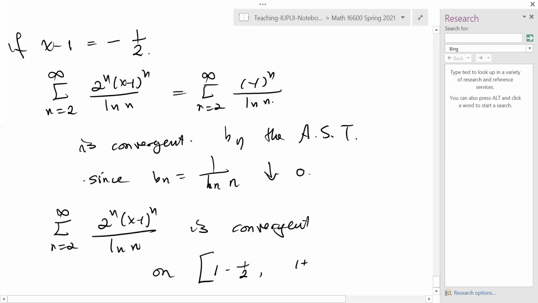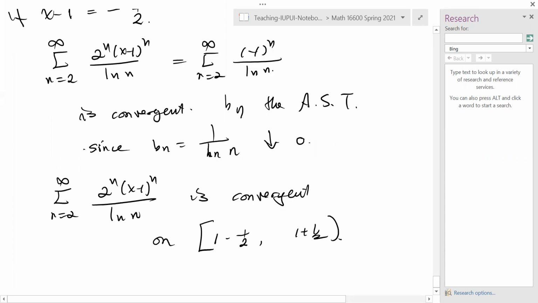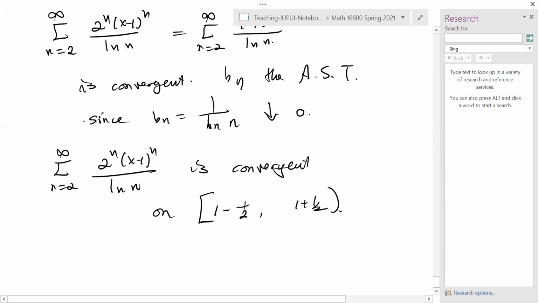And the 1 plus 1/2 point does not get included. This is the interval of convergence. Outside this interval, it is divergent.